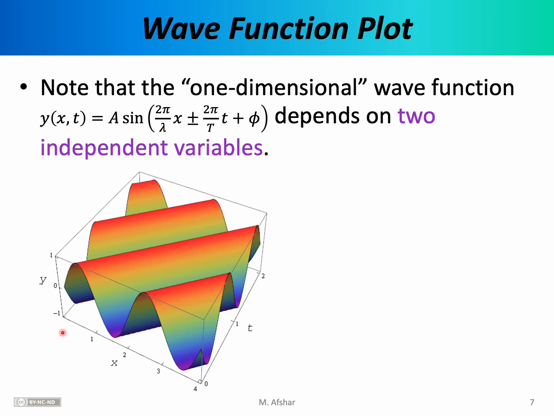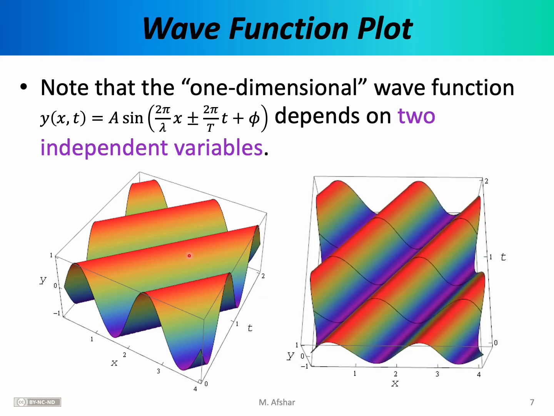We call this a three-dimensional graph because one axis corresponds to the independent variable x, the other axis corresponds to the independent variable t, and the third axis corresponds to the dependent variable y. So y must depend on both x and t. This surface plot that you see here is a plot of this function here. It's a complete description of what a rope wave is doing at any particular time.